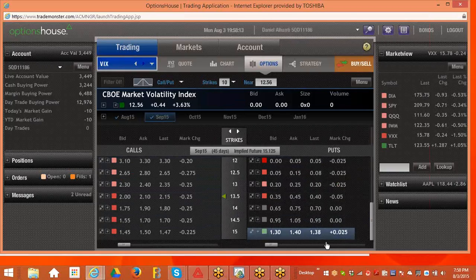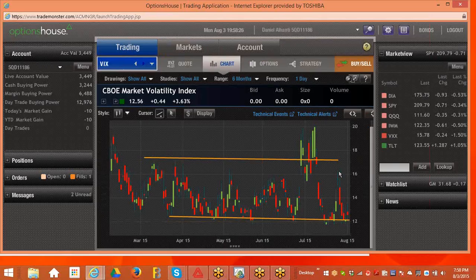So you could see that the puts, if it does rise up to 16, I would say, and you have $1,000, you go ahead and you maybe put in one put or so. At 17, put in a bunch more.